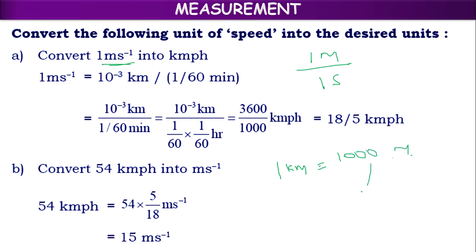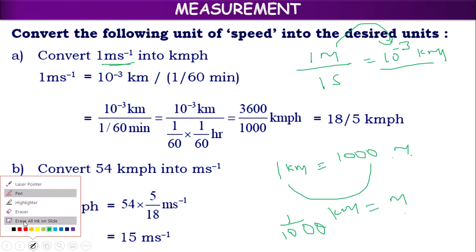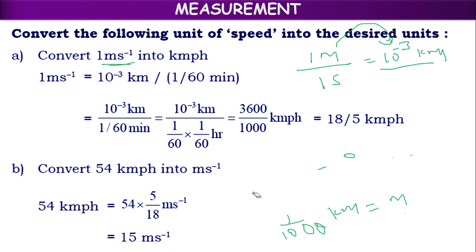Then what about 1 meter? 1000 will come to this side: 1 by 1000 kilometer equal to 1 meter. 1 by 1000 means 10 power minus 3 kilometer. Meter converted to kilometer, by 1 second.